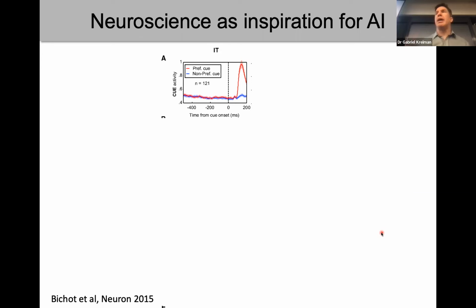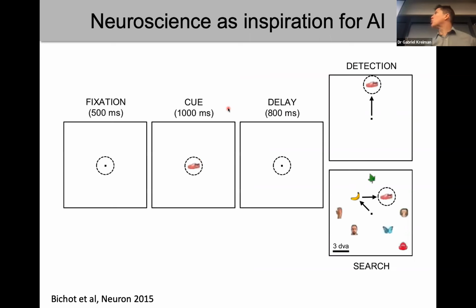Lesions in area IT lead to severe deficits in object recognition, both in monkeys as well as in humans. What you're seeing here on the y-axis is the average activity of many neurons in inferior temporal cortex after normalizing, as a function of time, where time 0 is the time when the cue was presented.